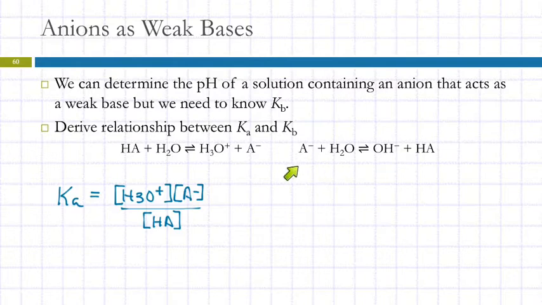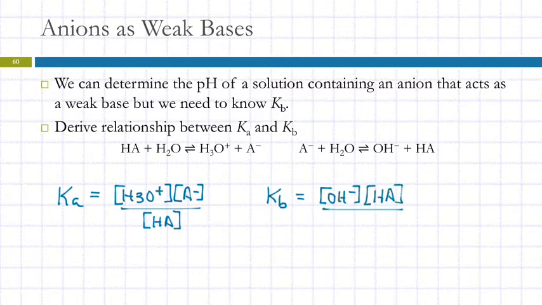Over here, I have the chemical equation for the anion acting as a base, accepting a proton from water to form hydroxide ion and the weak acid. So that's the expression for Kb. So that would be OH minus times HA divided by A minus. You okay with those?